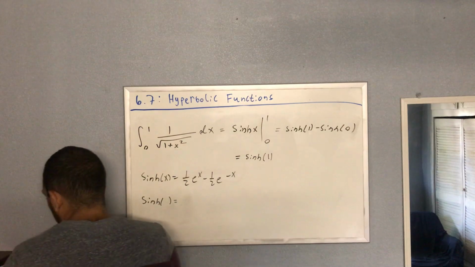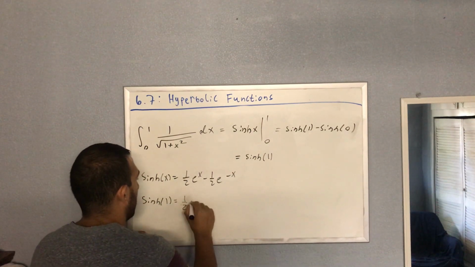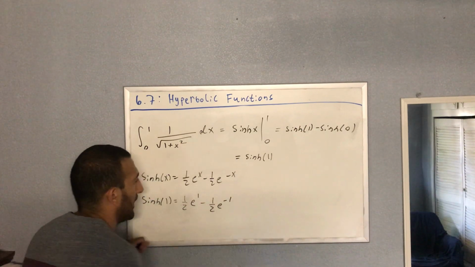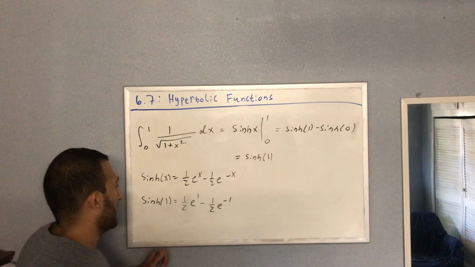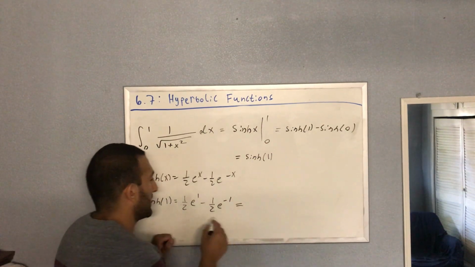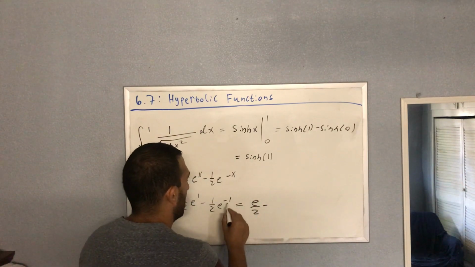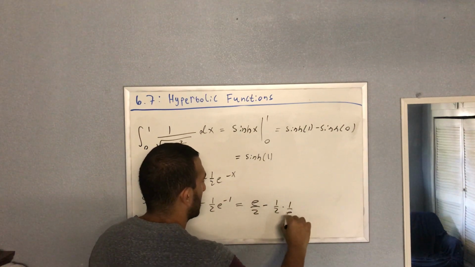So then now let's find what sine h of 1 is. It will be 1/2 e to the first power minus 1/2 e to the minus 1 power. And so if you write this, this is like e divided by 2 minus, remember e to the negative 1 is like 1 over e. So this is like 1/2 times 1 over e.